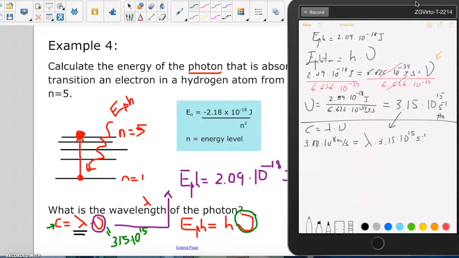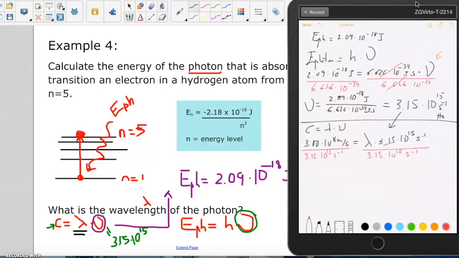Now, if we want to calculate lambda, we will have to divide both sides by 3.15 times 10 to the 15th seconds to the minus 1.